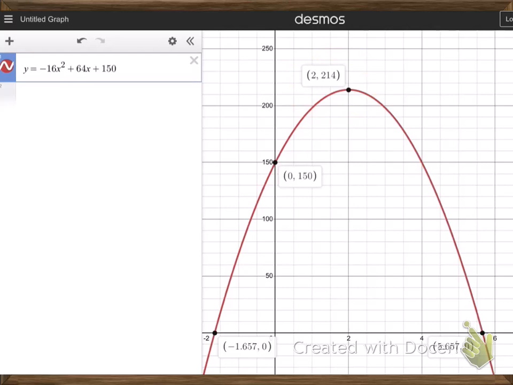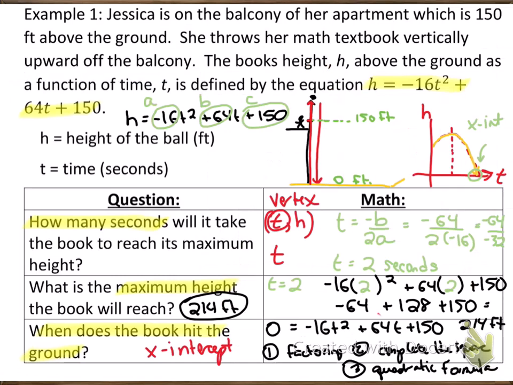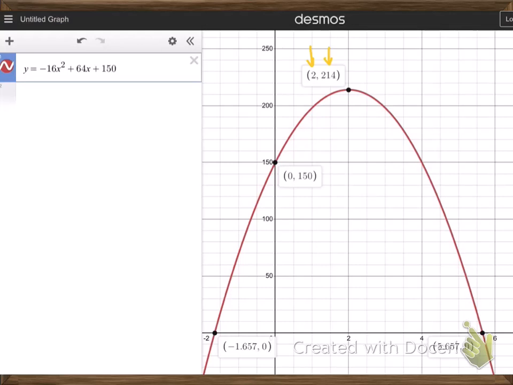The y value of the vertex is 2, so after 2 seconds, the book has reached its maximum height of 214 feet. We can verify this: the maximum occurred at t equals 2 seconds, and that maximum value was 214 feet. So algebraically, we got the same answer as what we see graphically from our vertex.